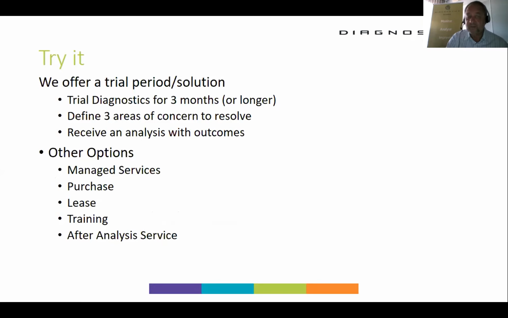There are other options: a managed services option, a purchase option, and a lease option. Of course, we provide training, because you don't necessarily always want to be dependent on the Diagnostics Competence Center. And there's always an after analysis service as well, meaning we can provide insight as to how you could do your migrations in future, how you can take things out, and how you can improve things.